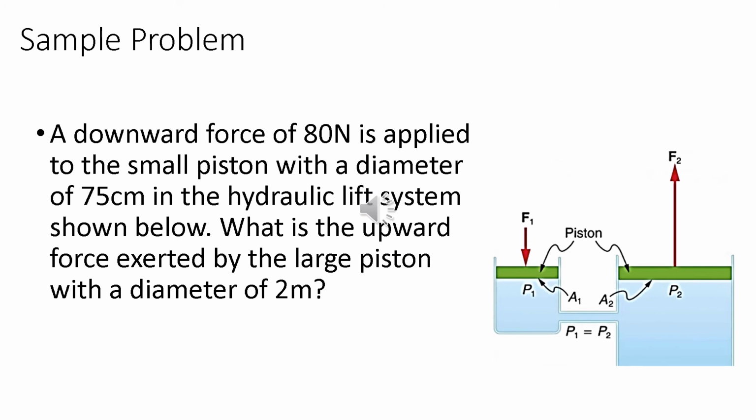Let's try to solve a sample problem. A downward force of 80 Newton is applied to the small piston with a diameter of 75 cm in the hydraulic lift system shown below. What is the upward force exerted by the large piston with a diameter of 2 meters?